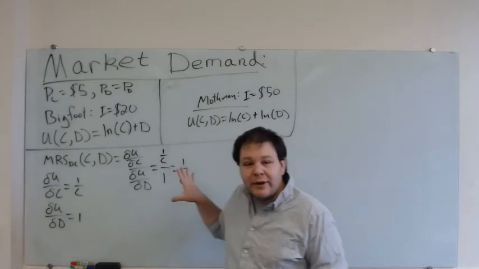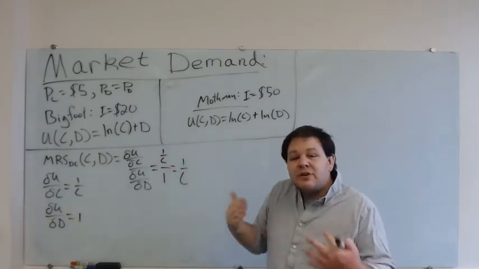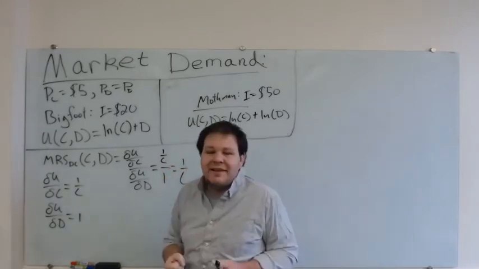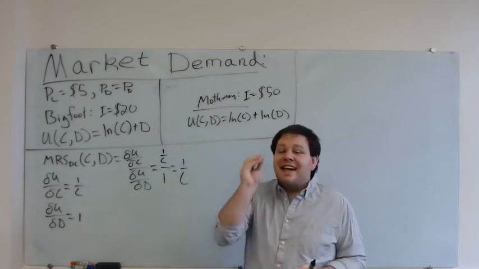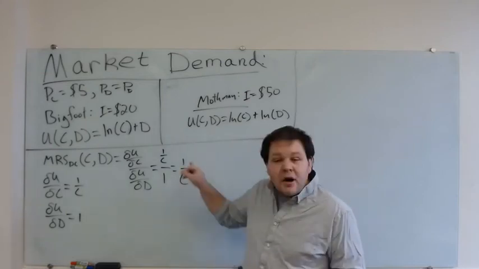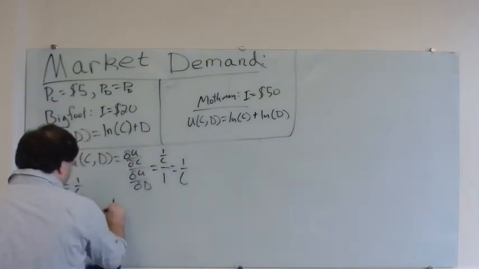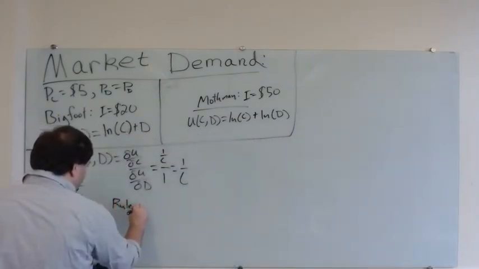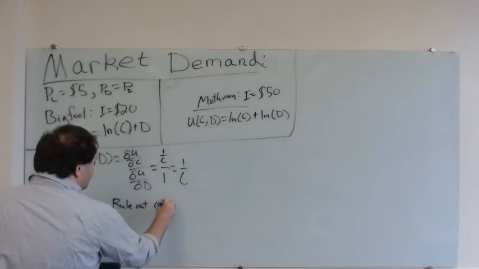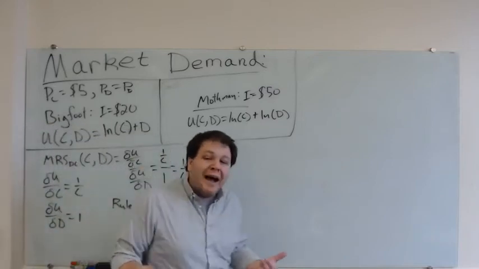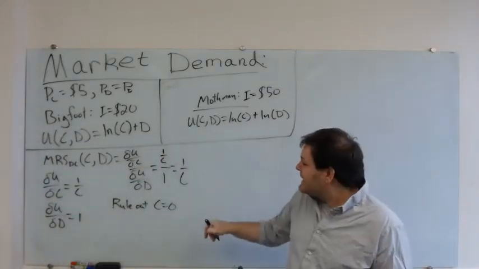When the MRS gets really huge, that means Bigfoot will be willing to give up any amount of dolly painting to get just a little bit of chicken. So she's always going to buy at least a little bit of chicken. So we can rule out C equals 0, but we can't rule out D equals 0. It's possible that Bigfoot won't want to buy any dolly paintings.